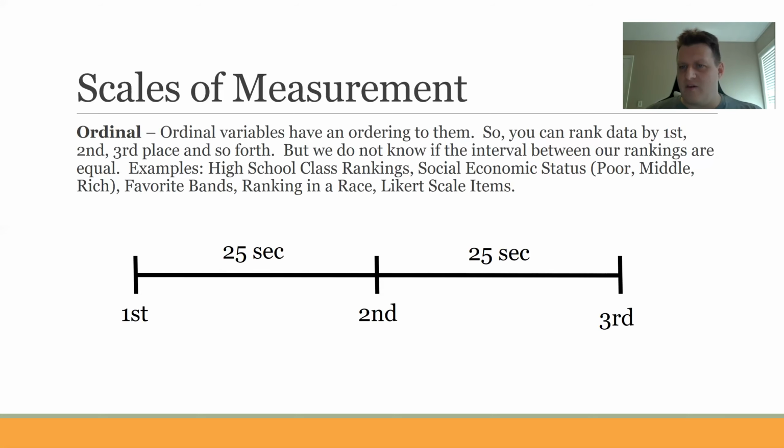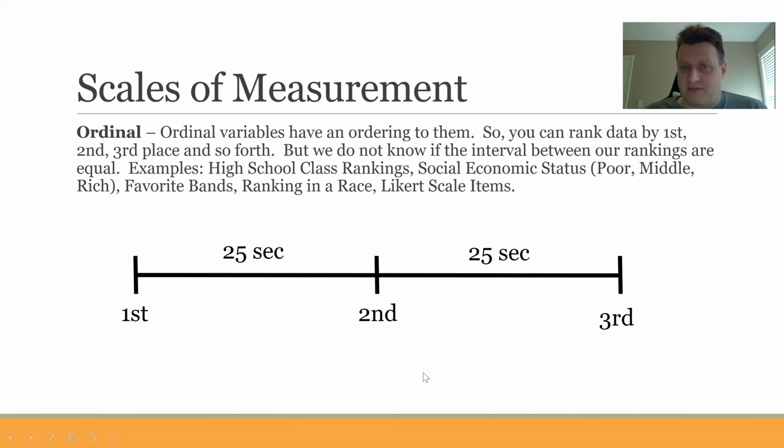So here we have people running a marathon. And after the marathon, we see that this person is in first place, this person is in second place, and this person is in third place. It could be the case that the person finished in first, and then 25 seconds passed, and then the person came in second, and then 25 seconds later the person came in third place.